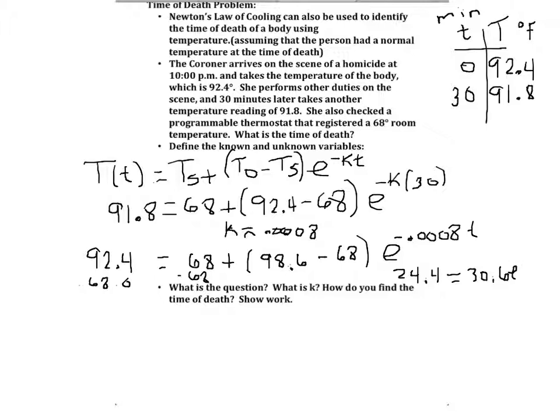and you still have e to the power negative 0.0008 times that t, and then when you divide by 30.6, you're going to get e to the negative 0.0008 t.